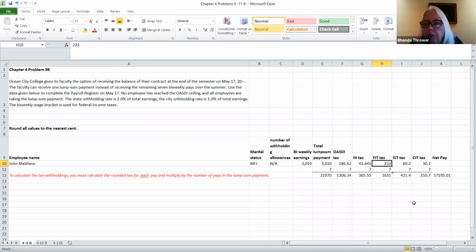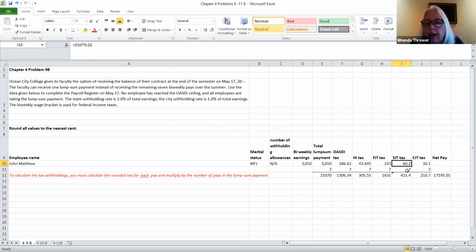Now, you also need to calculate your state income tax. The state income tax rate for this state was 2%. So we're going to take the 3,010 and multiply it by 2%. That's how I got $60.20.